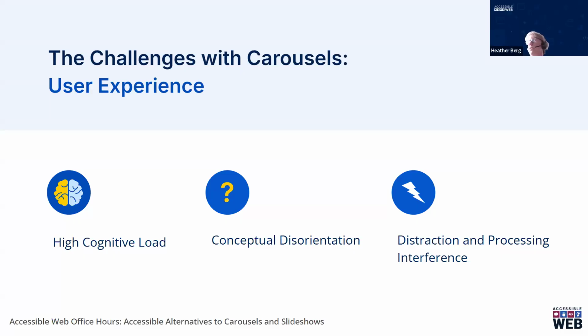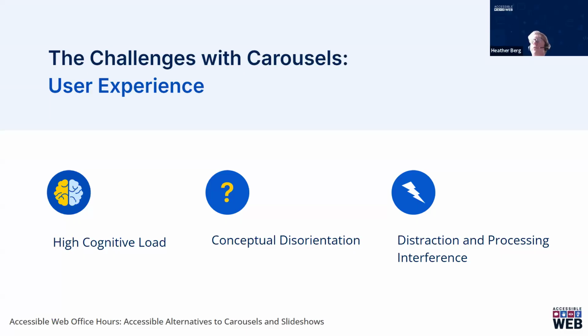This high cognitive load is especially burdensome for non-visual users who must navigate complex controls while also trying to understand the information that's being conveyed from the content. So by simplifying the interface, you can allow all users to spend their energy on your site engaging with your content rather than trying to figure out how to navigate the container.